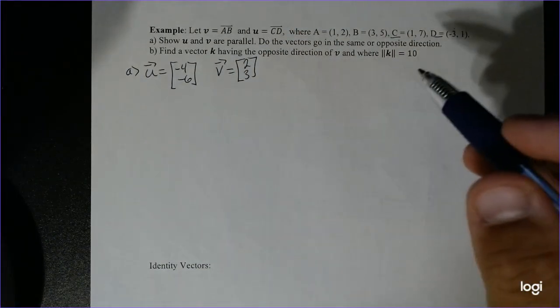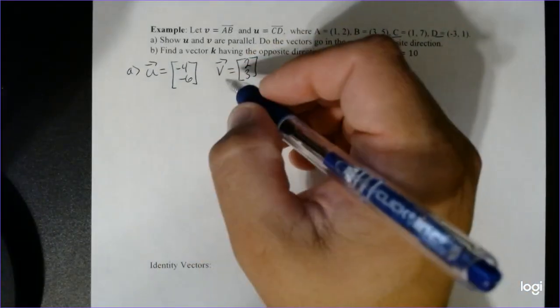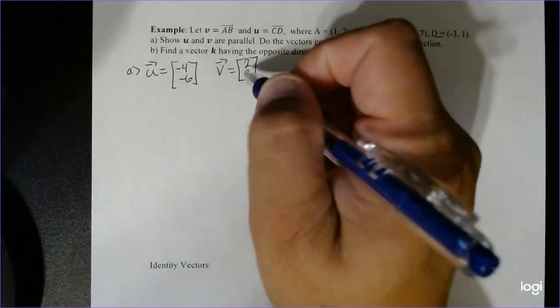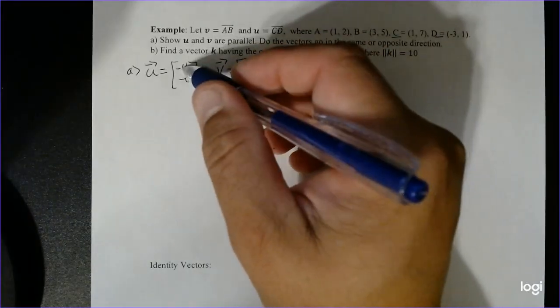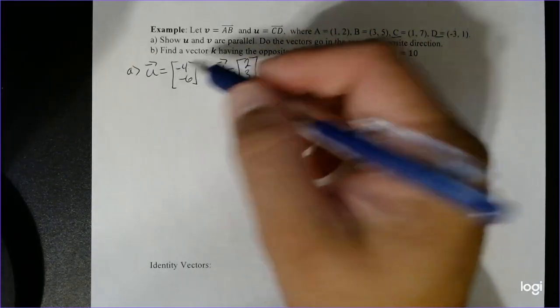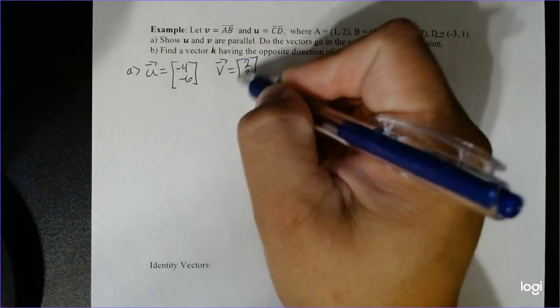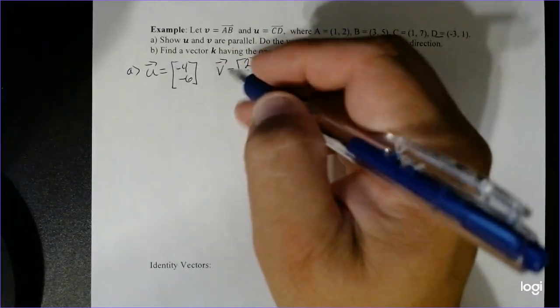Okay, so we want to show that these are actually parallel. Basically, if I can multiply one of these by something that gets the other, so if it's easier, just go component to component. How do I go from 2 to negative 4? I've got to multiply by negative 2 and see if it follows the same format. If I multiply this by negative 2, yeah, I get negative 6.